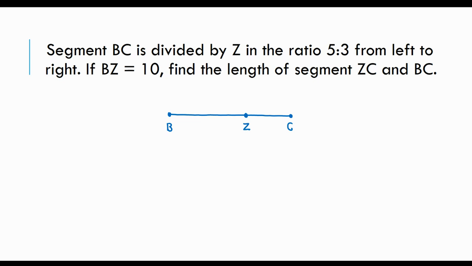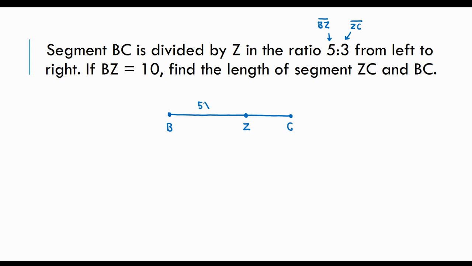Okay, when we're given a problem talking about ratios, those numbers, while they're not the actual lengths of the segments, are going to help us create an expression for those segments. So the left side, if we look at my picture, is really the segment BZ. On the right side, that's really the segment ZC.